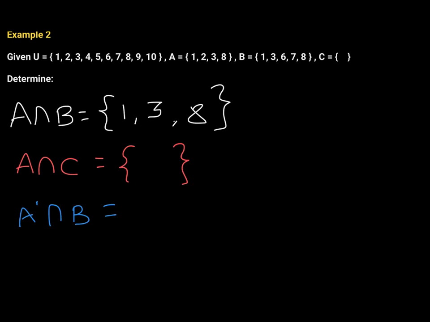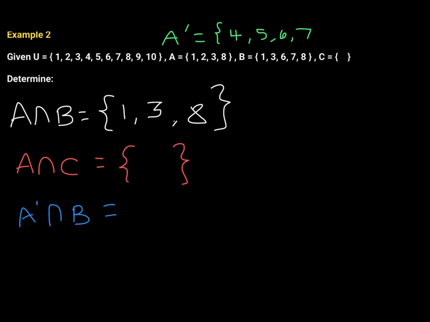All right, complement of A. Now remember, the complement of A is a set of all elements that are in the universal set, but not in set A. So 1 is in set A, 2 is in set A, 3 is in A, 4 is not in A. Therefore, 4 makes it into the complement of A. Let's continue. 5, 6, and 7, those three elements are not in A, so I'll list those.